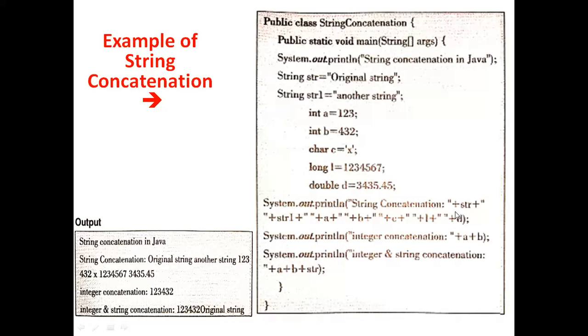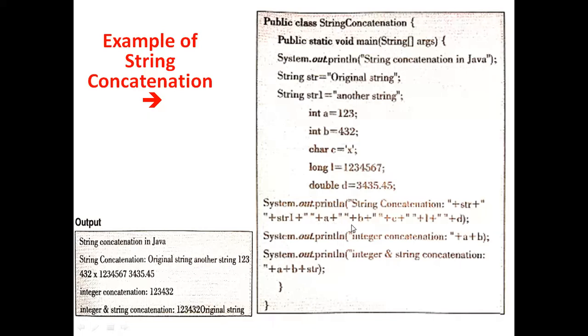For that, I have written System.out.println string concatenation, and after each and every variable, I have written a plus sign. This plus sign indicates the joining of two strings or two variables in this line.